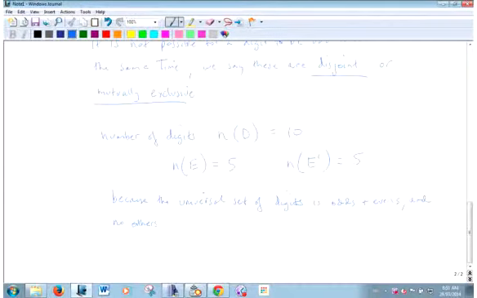So I can say n(D) is the number of evens plus its complement, and that will work for anything where they have disjoint sets that make up the complete universal set. Okay, so that's in the book too.